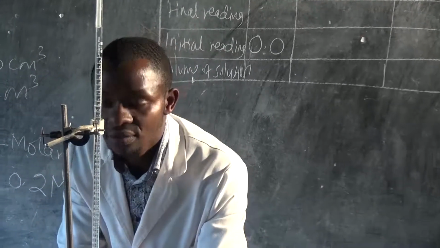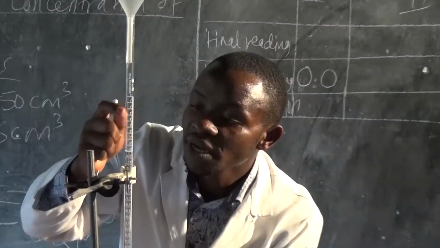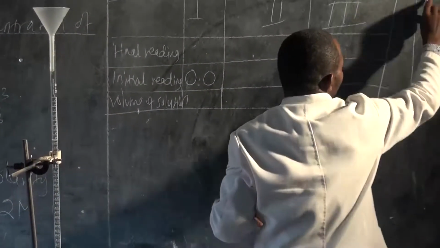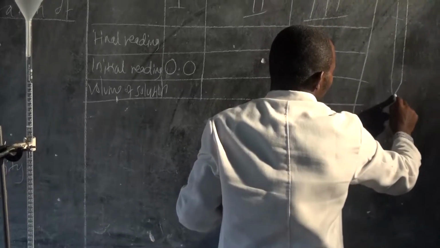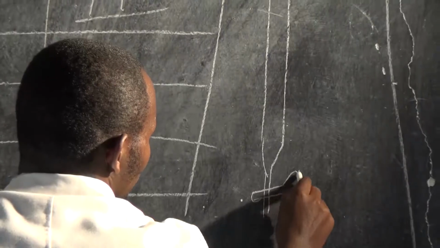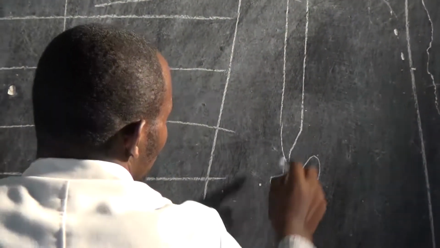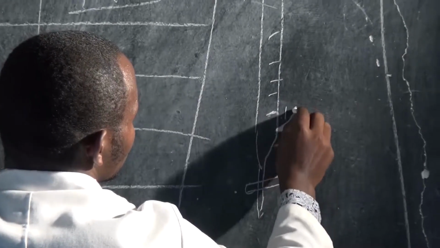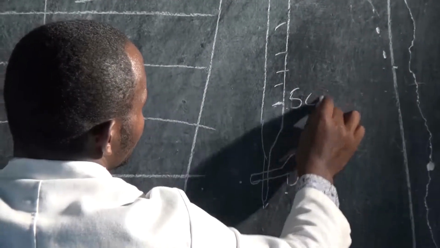So I have mine. My reading is what? Let me see my reading. So we are reading starting up, going downwards. So you look at your burette very well. Look at your burette. So we are saying, if here it is 10, this is 50.